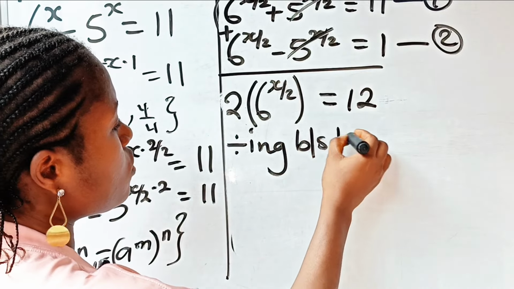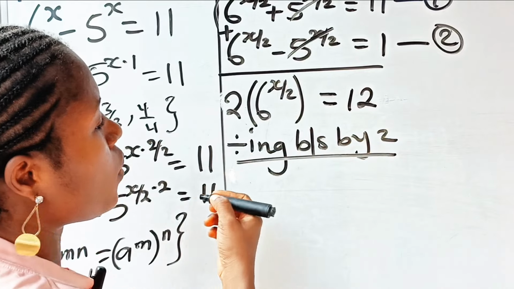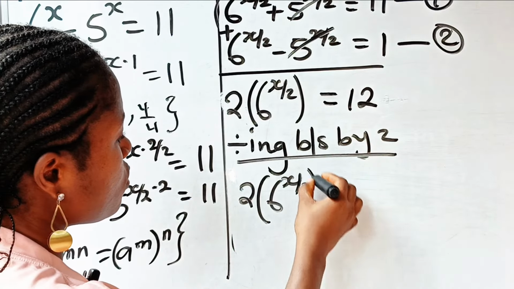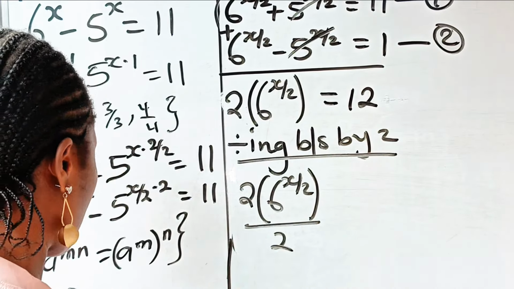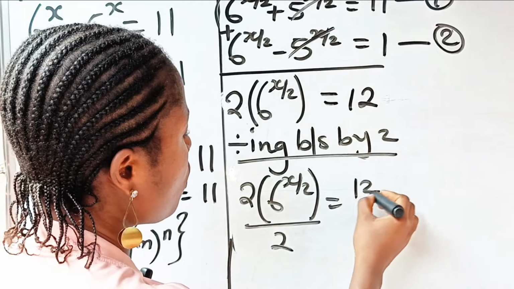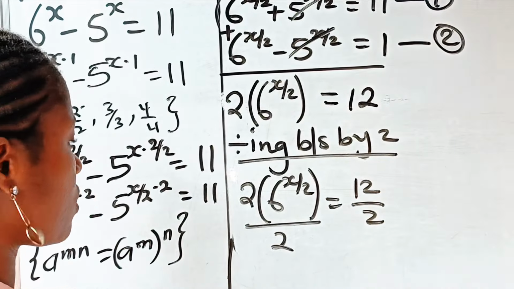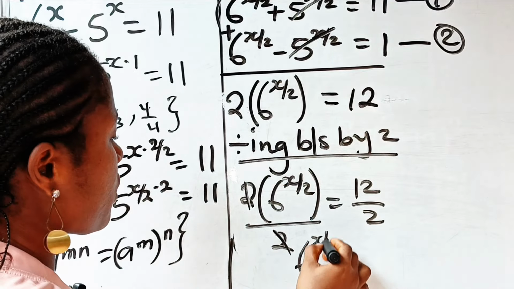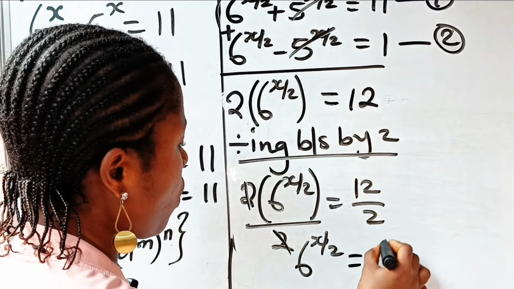Dividing both sides by 2, we will have 6 to the power of x over 2 is equal to 12 divided by 2. Now, we remove 2, we have 6 to the power of x over 2 is equal to 6.